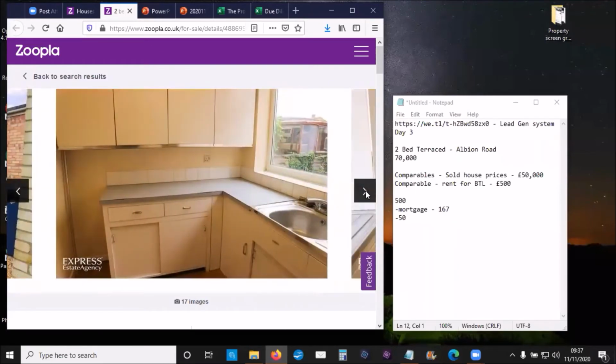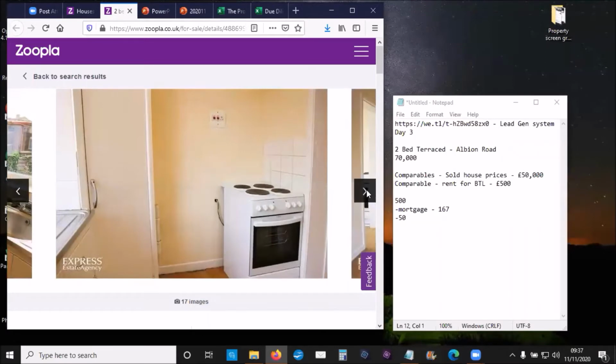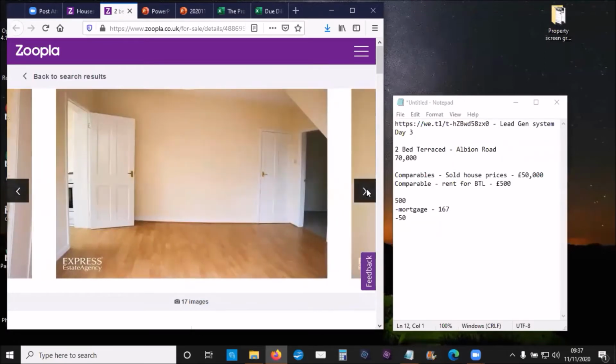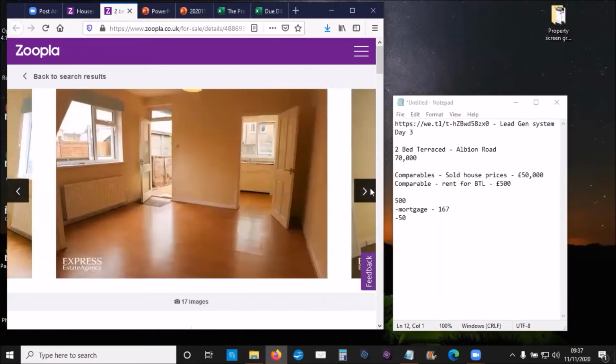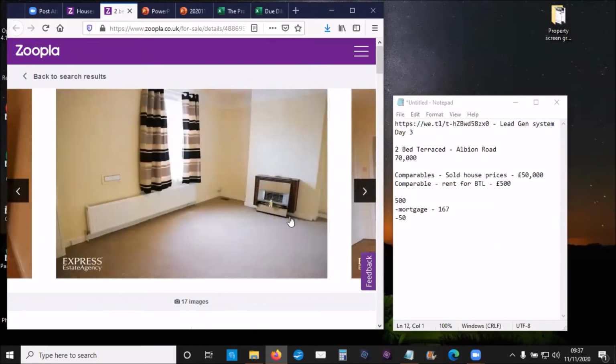But for the purpose of this exercise, we can see that yes, the kitchen looks old, so we can improve on that. The interior looks neutral enough, but let us say we can dress this property up even better.